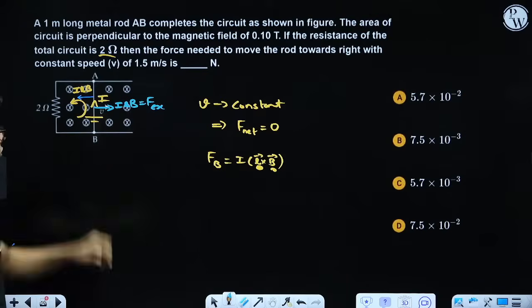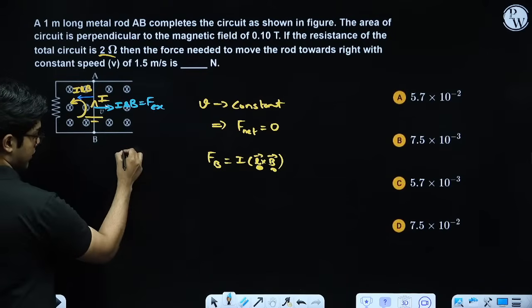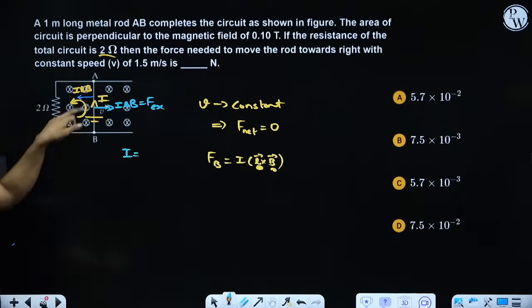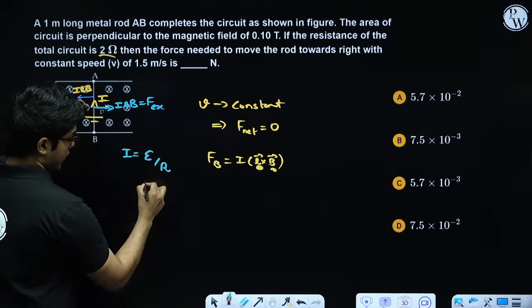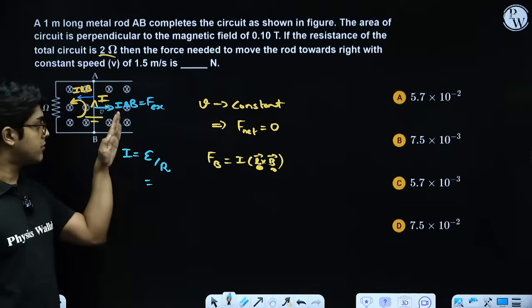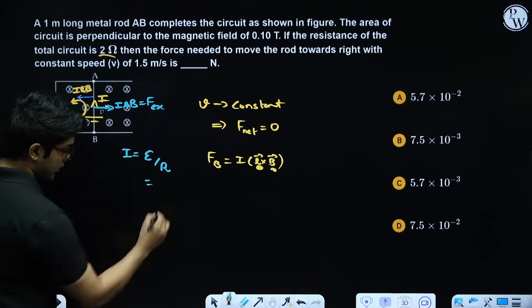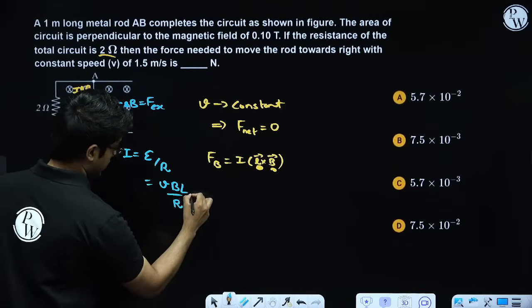So yeah, the external force is ILB. So now the thing is the current. We just have to apply KVL in this loop, and it will be just the EMF divided by the resistance, right? What is the EMF? The EMF in this case, where we have a conductor moving with a speed V, is VBL, right? So VBL divided by R, this is the current.